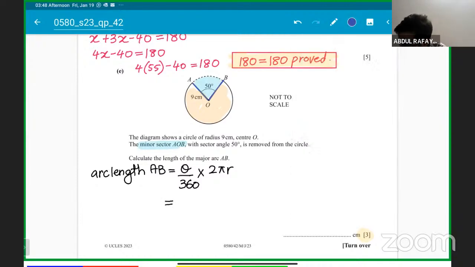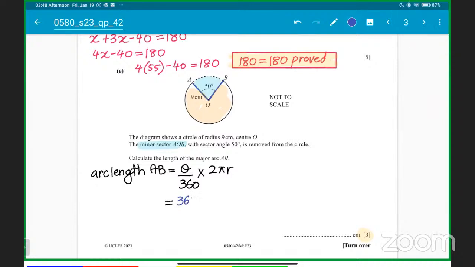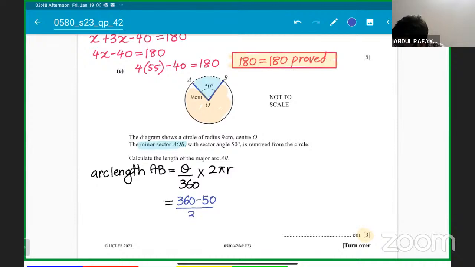Because we are looking for the major arc, it will be 360 minus 50 degrees, times 2 times pi times the radius, that is 9. So it will be 310 divided by 360 times 2 times pi times the radius, which is 31 over 2 pi.